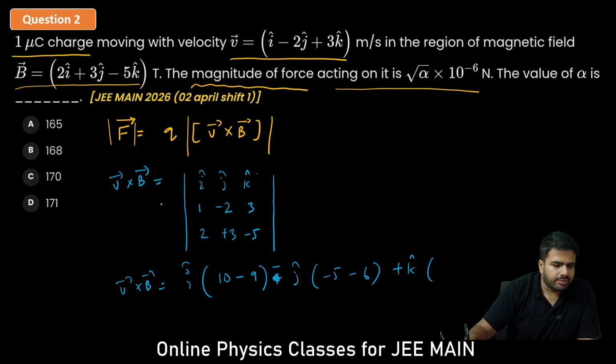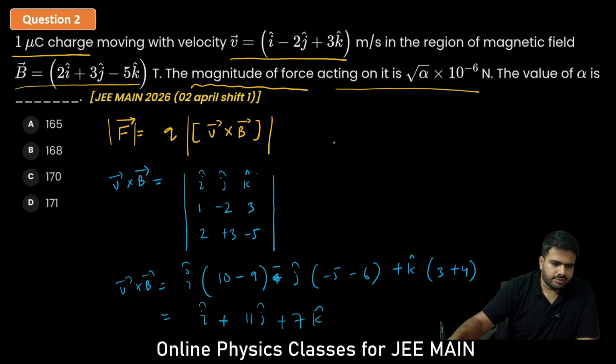In the k cap, we can write 3 minus of minus 4, so 3 plus 4. So we are getting i cap plus 11 j cap plus 7 k cap.